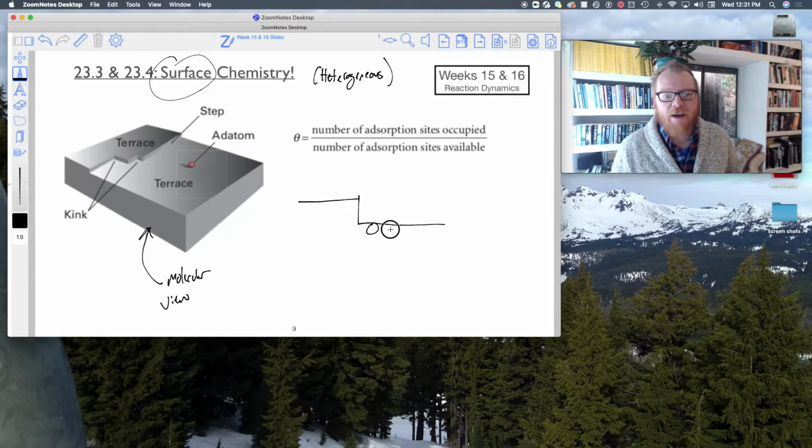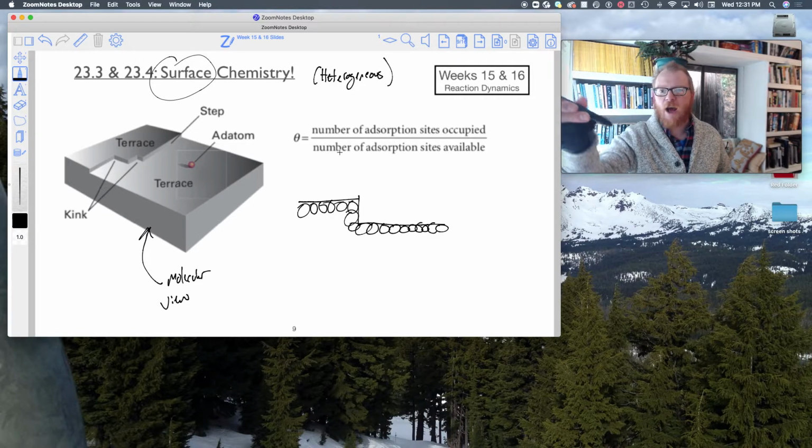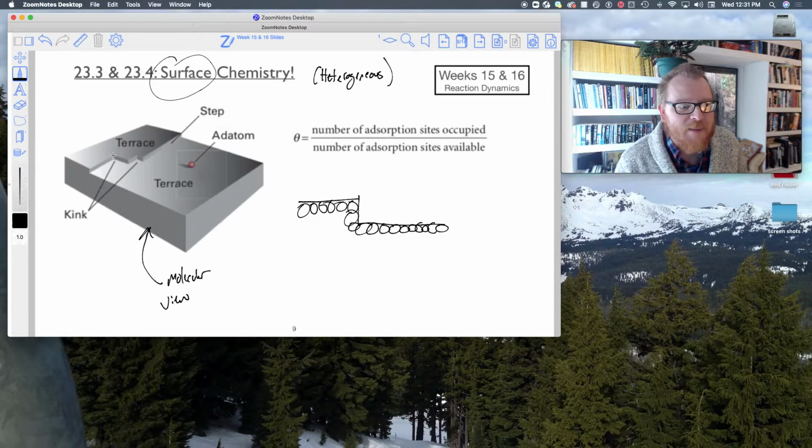So there might be atoms, there are atoms all along here, right? But there's some type of defect in the lattice that gives you that step. If we were to view from the other dimension, these steps, these corners right here, that makes what we call a kink. Okay, so very creative names here.